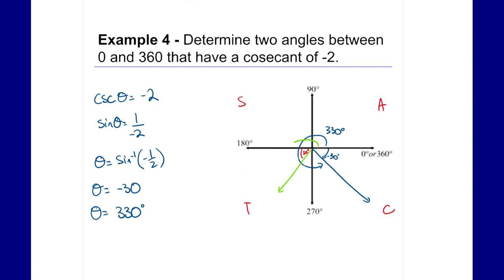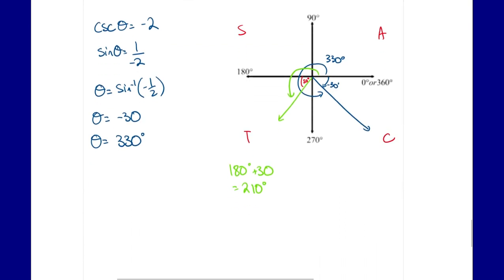So then my actual angle is going to be from 0 to here, or 180 plus 30 equals 210 degrees. So therefore, we can say that sine 330 is equal to sine of 210, which is equal to negative 1 over 2.